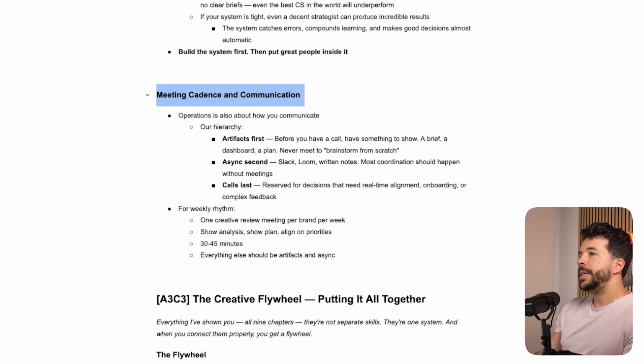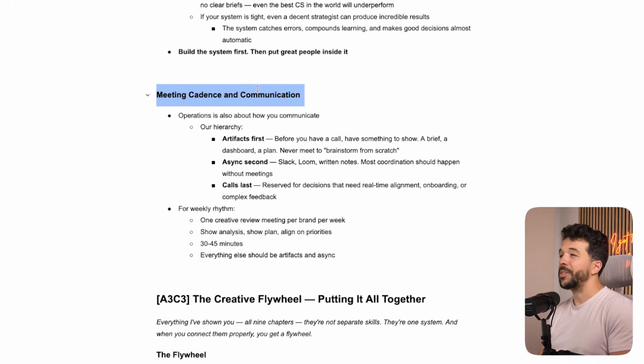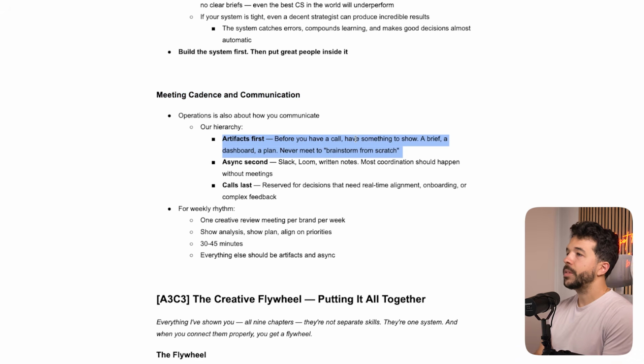In terms of meeting cadence and communication, operation is also about how you communicate. This is our hierarchy internally, and this is also what we recommend our clients do. Artifacts first. Before you have a call, have something to show, a brief, a dashboard, a plan. Never meet to brainstorm from scratch. It usually leads to a waste of time. Then you have async second.